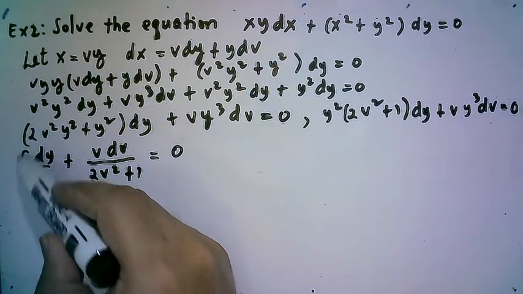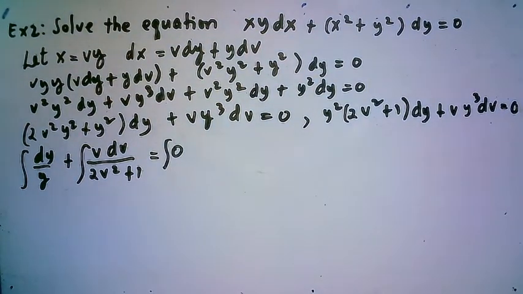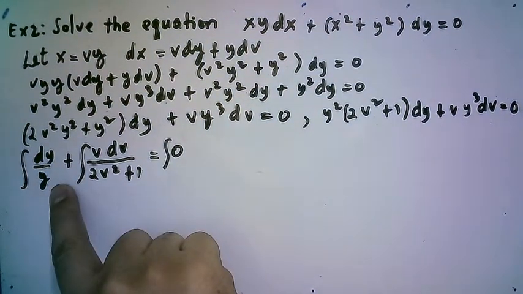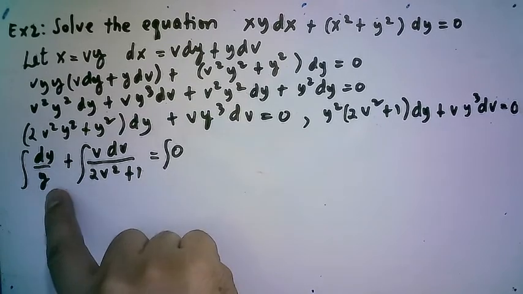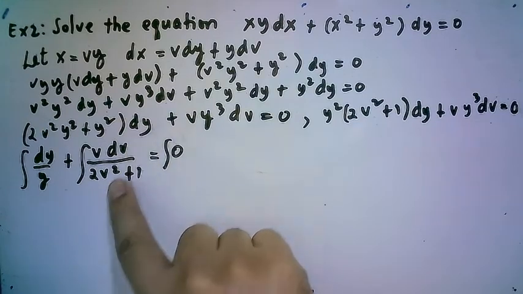And then this time we apply integration to both sides. Now this one is ln u, du over u. Also for this one, we can make use of du over u.